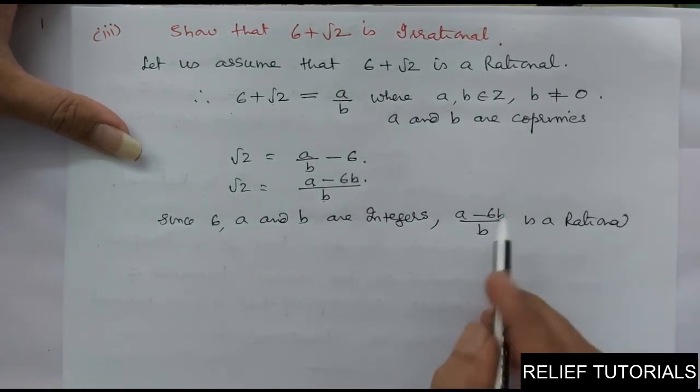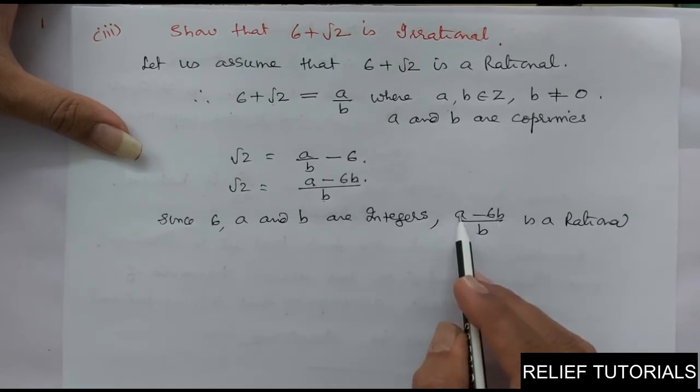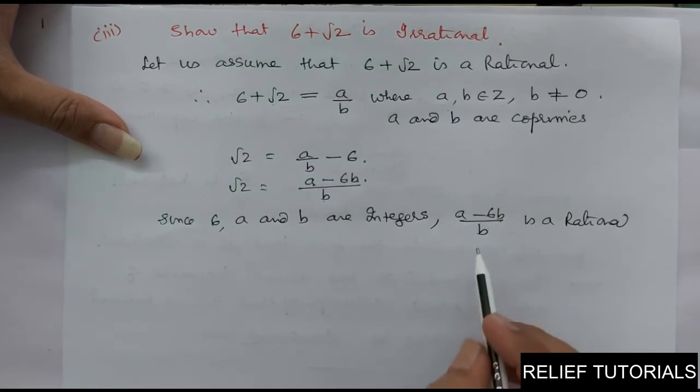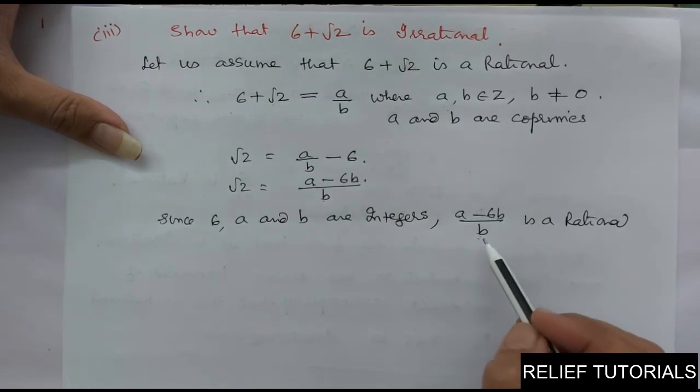Why? See, this 6 is integer, b is integer, 6b is integer, a is integer, and you know that in lower standard we have learned difference of two integers is always an integer. So numerator is integer, denominator is integer, it is not equal to 0. Here we have seen b is not equal to 0. So numerator upon denominator is a rational number.